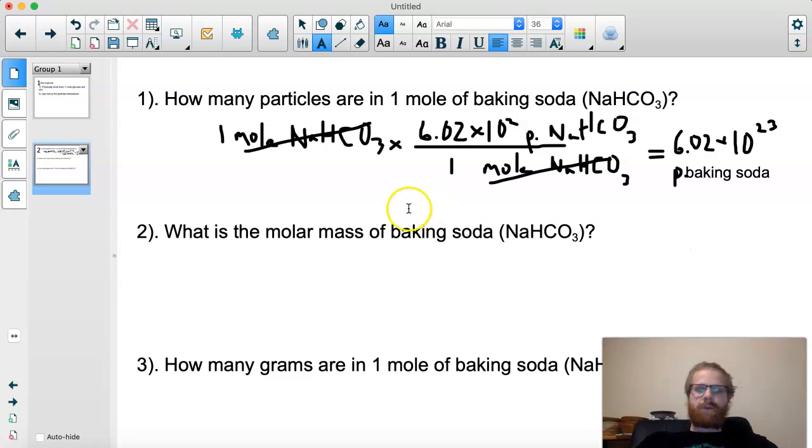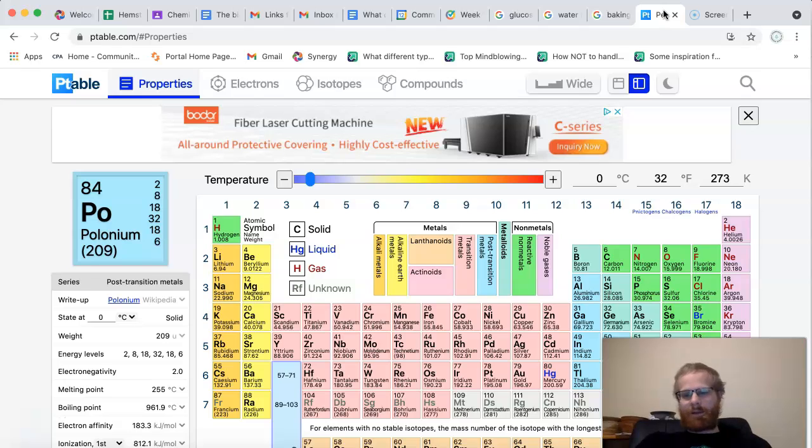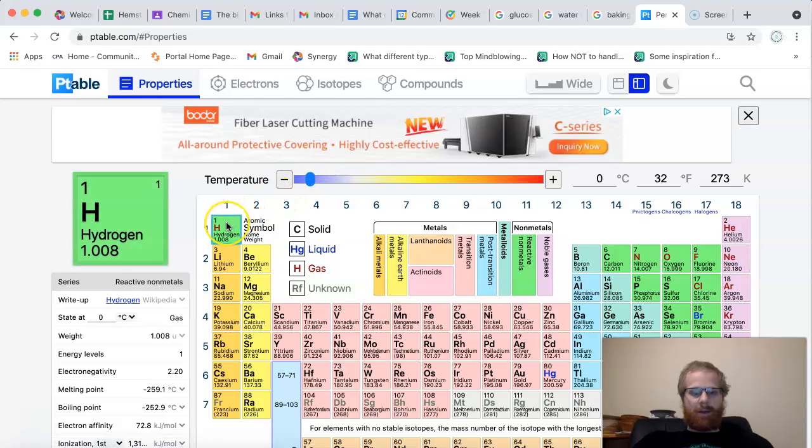Let's go ahead and take a look at number 2. So number 2 is asking us to find the molar mass of baking soda. What very useful tool can we use to find the molar mass of baking soda? That is correct. It is our handy dandy periodic table of elements. Using my periodic table, I can see that we've got a hydrogen atom with a mass of 1.01, a sodium atom with a mass of 22.99, a carbon atom with a mass of 12.01, and we've got 3 oxygen atoms with a mass of 16.